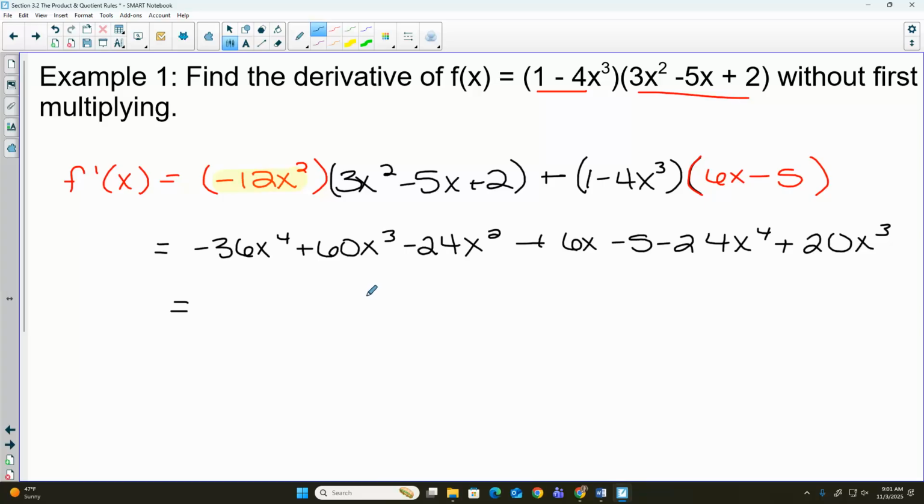Adding like terms, I get negative 60x to the 4th plus 80x cubed minus 24x squared plus 6x minus 1.